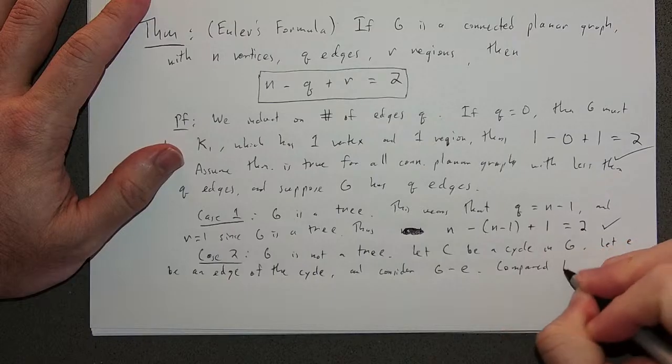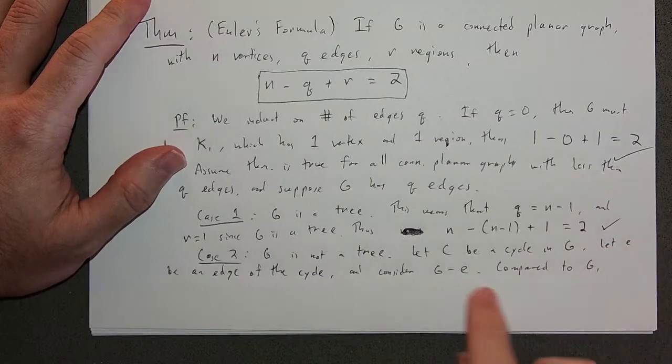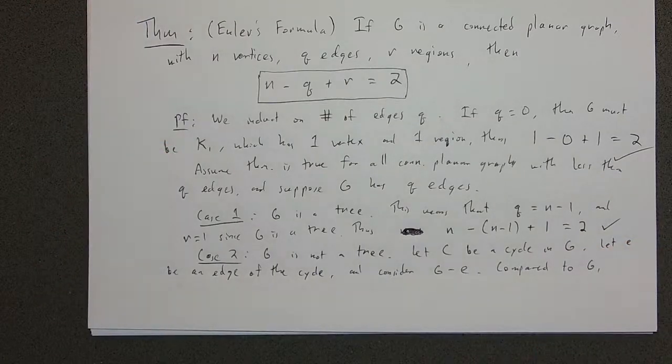How do I compare this to G? Compared to G, what is the vertex count of G minus E? Remember, when you are deleting an edge from a graph, you don't remove any of the vertices.